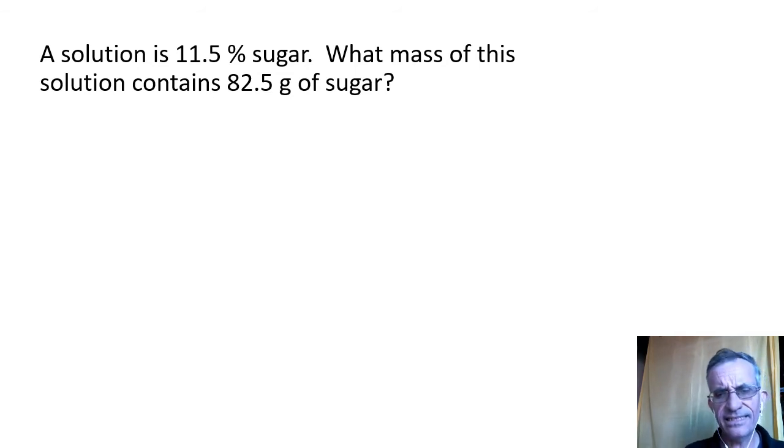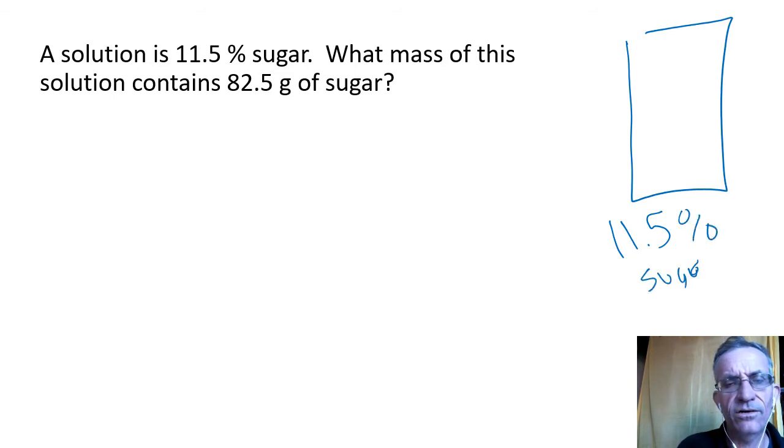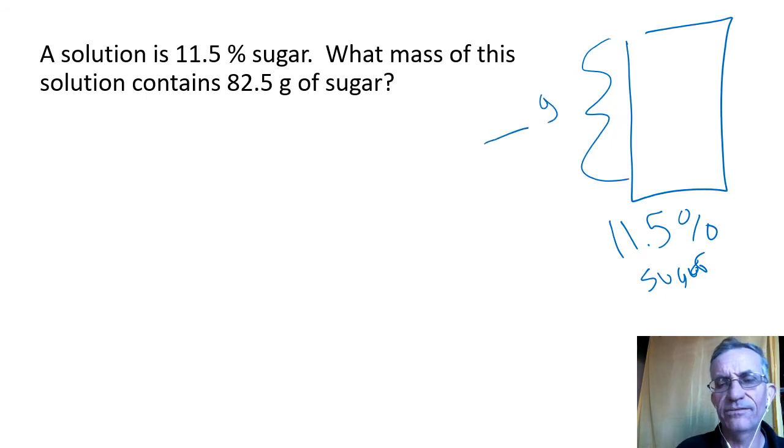So let's try to start off by maybe making a little sketch, and then let's see if we can figure out what the heck is going on here. So a solution is 11.5% sugar. And I want to know what mass, so what weight, how many grams will we need so that inside of that solution there is 82.5 grams of sugar.